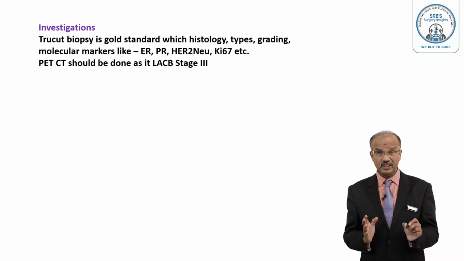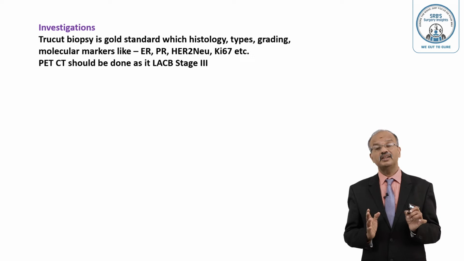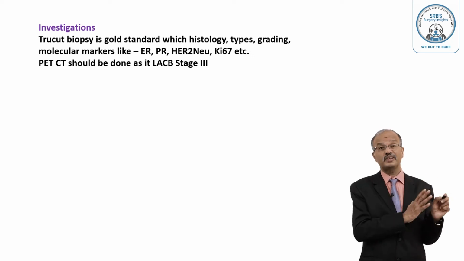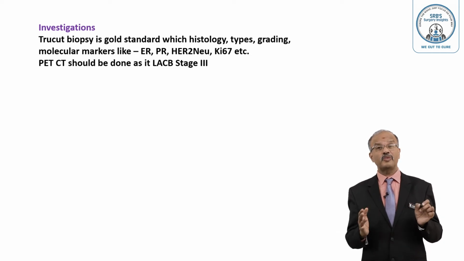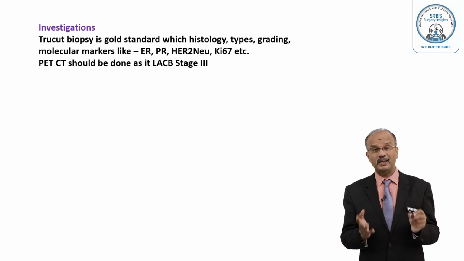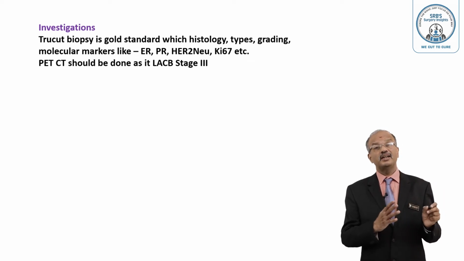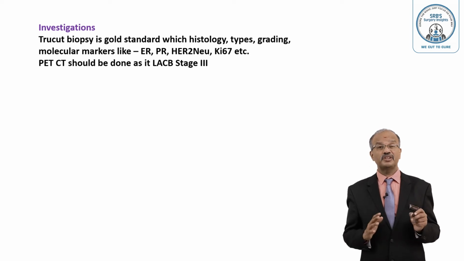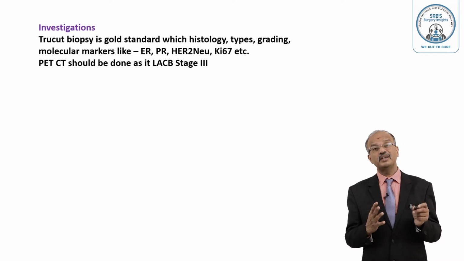In a stage 3 disease, like locally advanced carcinoma breast, PET-CT is the investigation of choice for metastatic workup, unlike in stage 1 and early stage 2, where PET-CT is guideline-wise not recommended, even though many oncologists practice it. There you need to do a chest X-ray, chest CT, ultrasound abdomen, liver function tests, mainly enzymes, and for the spine, if required, a radioisotope scan.